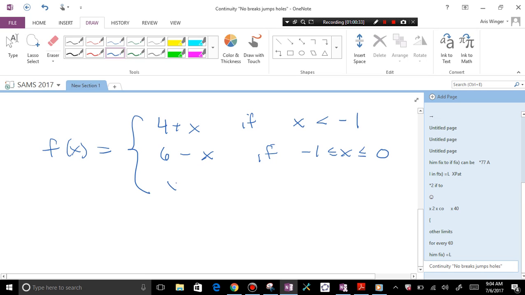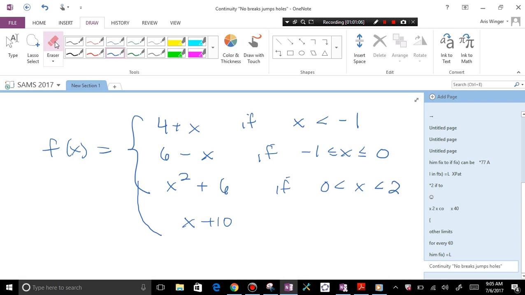And then I want to make it x squared plus, no, I want to make it 6, if 0 is less than x, which is less than 2. And then I want to make it x plus 10. Oh no, let's make it x plus 8, if x is bigger than 2.